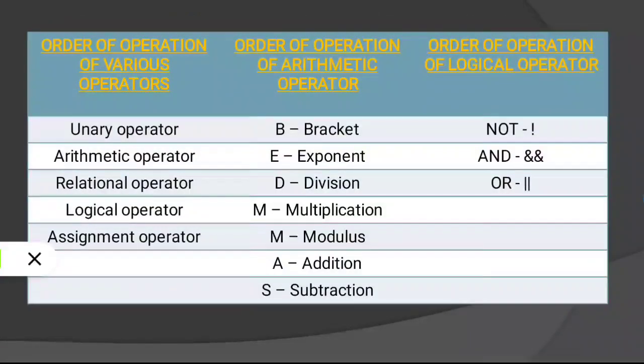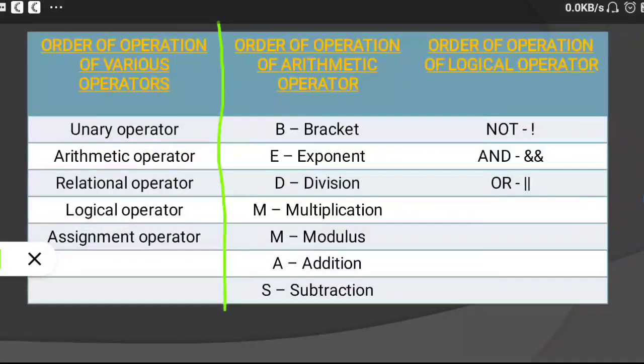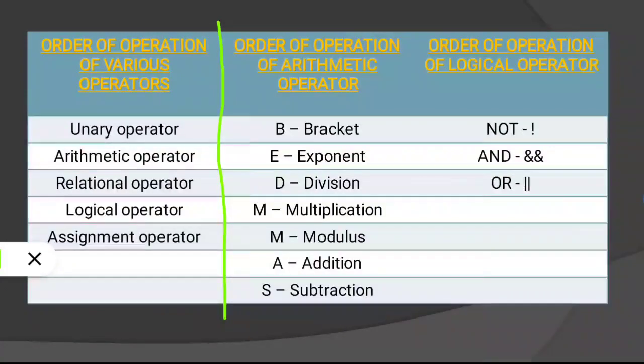See, here one table is created. How we will solve different operators. First one, order of operation of various operators. If in any expression this many operators are present, then which one we will solve first, after that which one, then which one.